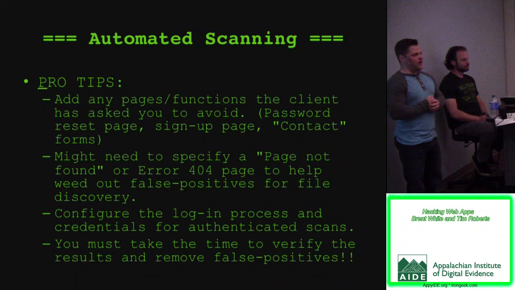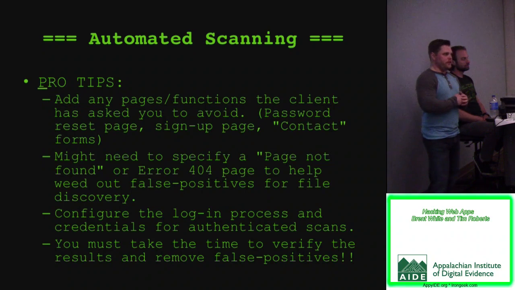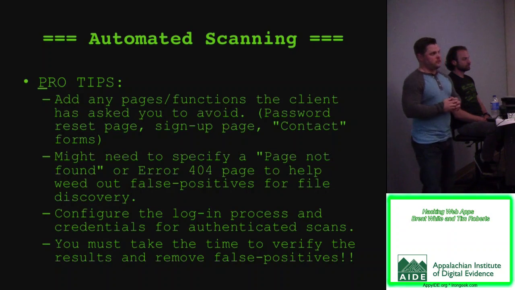So something you'll want to do right off is look for that custom 404 to see if you're getting a 200 OK response, and then put that in the scanner so it knows anytime you get this page, it's not really there. And if it's an authenticated assessment, you want to make sure that you configure those credentials in there.